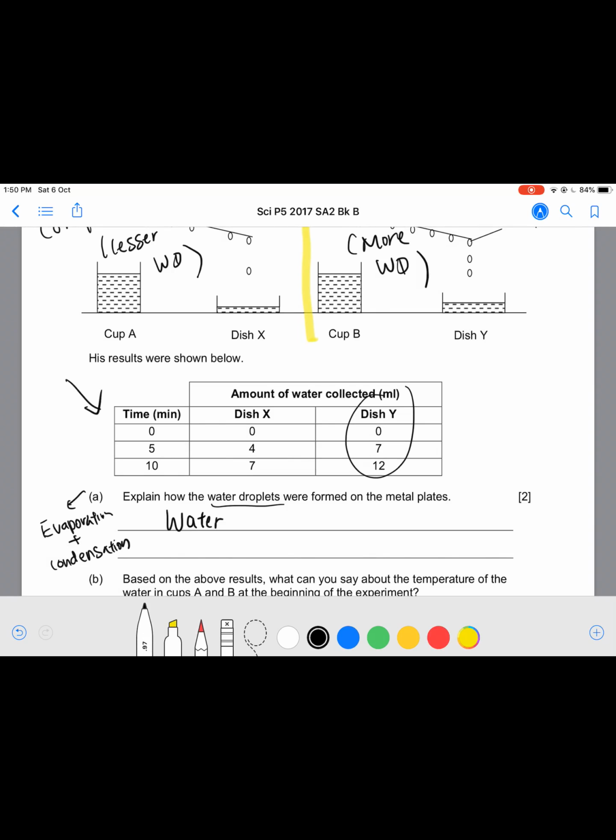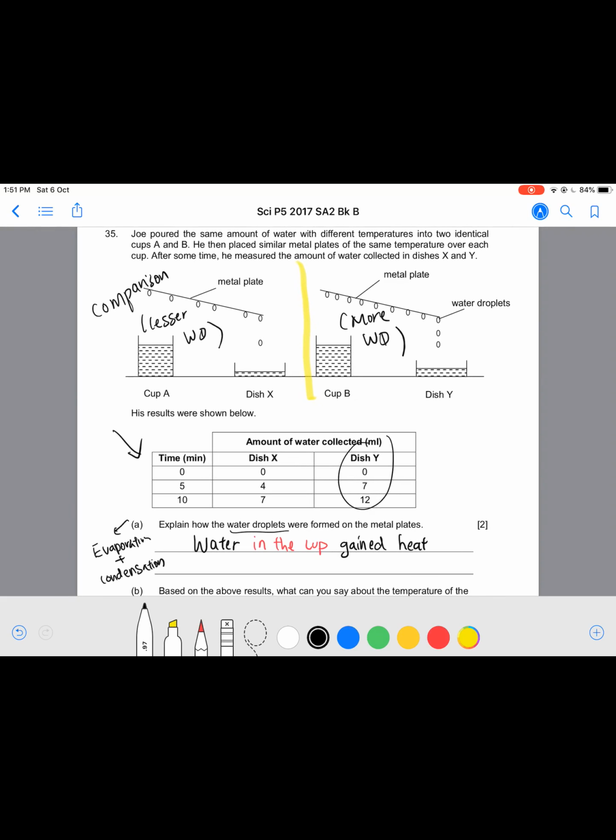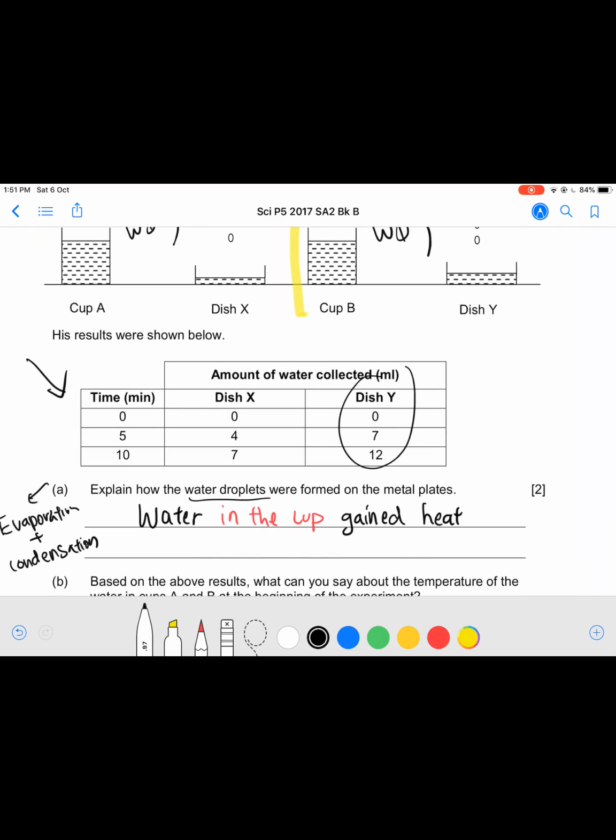Remember, you have to talk about the location in the cup, gained heat. Now in this case, because they didn't mention where the heat source is, I cannot assume, so I will just have to leave it blank, no choice.